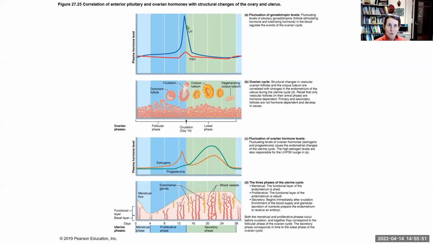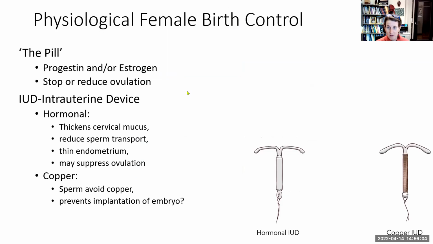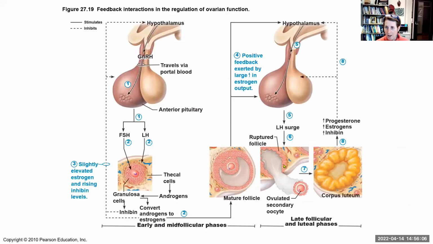And what the luteinizing hormone does, I don't know why they didn't call it ovulating hormone. I wasn't in charge, but it causes ovulation. That signal of luteinizing hormone causes the ovulation. This secondary oocyte, which is called secondary because it's in the second stage of meiosis 2, gets released.